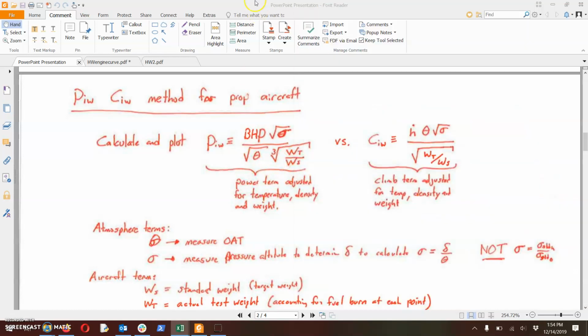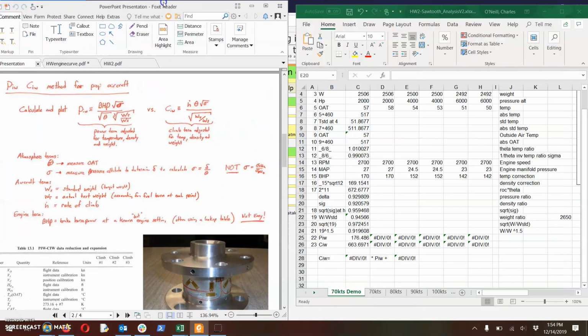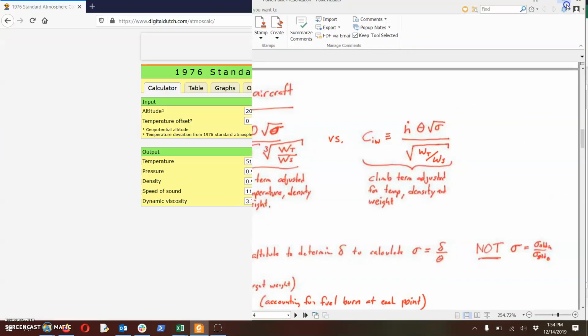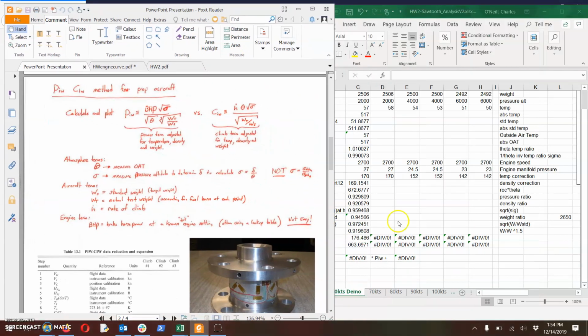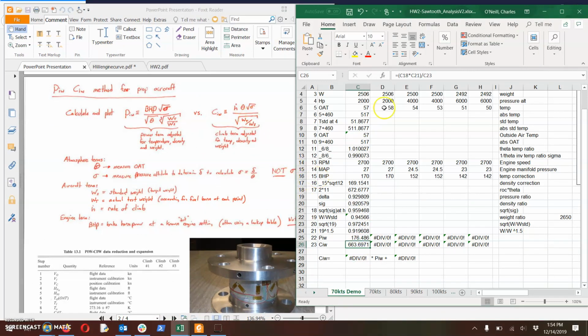And then CIW is H dot, and H dot times, there's the temperature ratio, so that's what this term is, times C21, which is square root of sigma, which is there, and then dividing by the square root of the weight ratio.